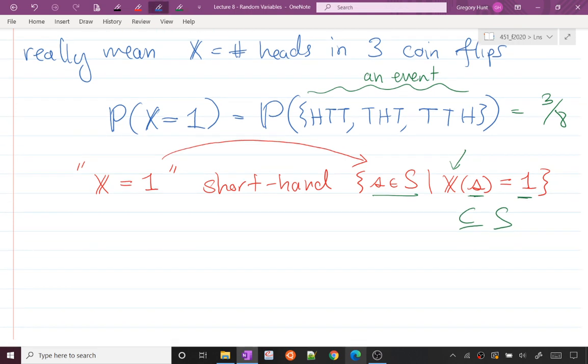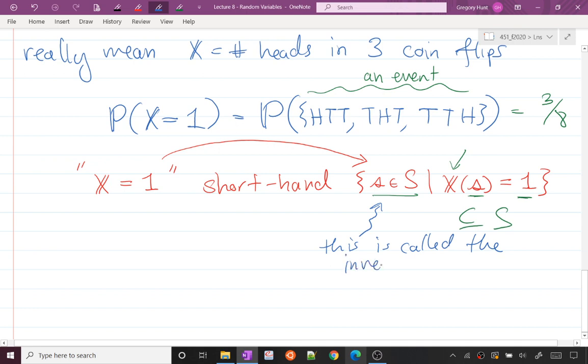And if that gives some people flashbacks to 214, in particular, this is called the inverse image of 1 under x. So you thought you would get away in probability with not talking about inverse images.